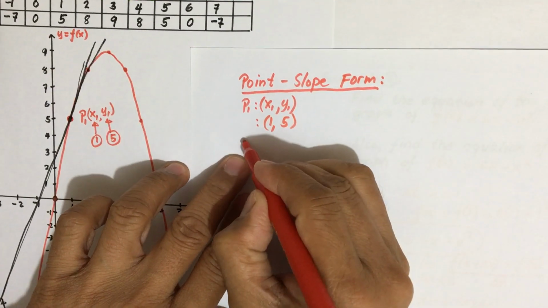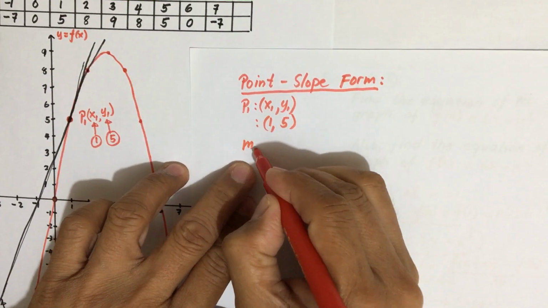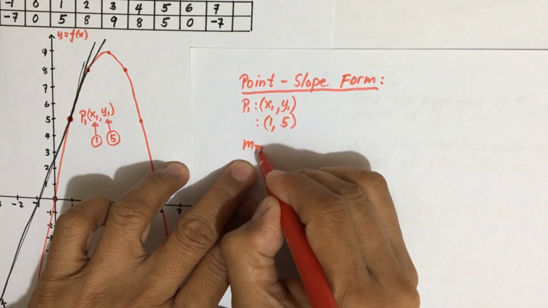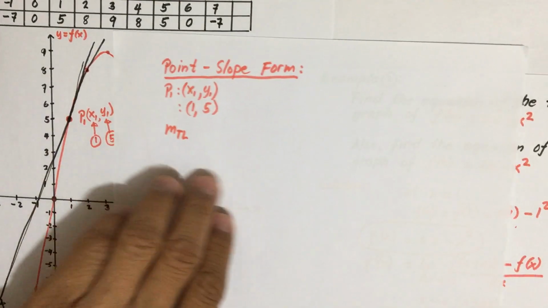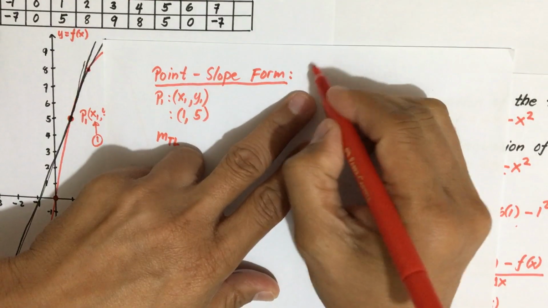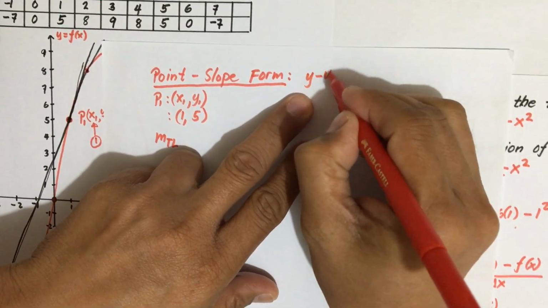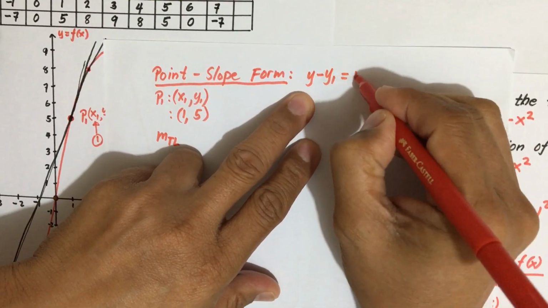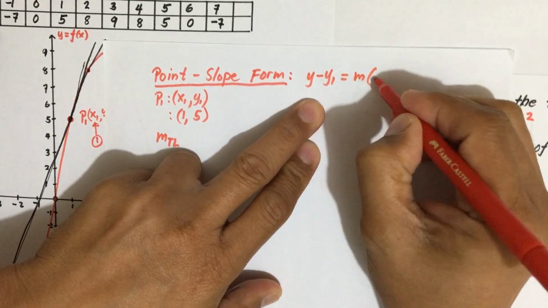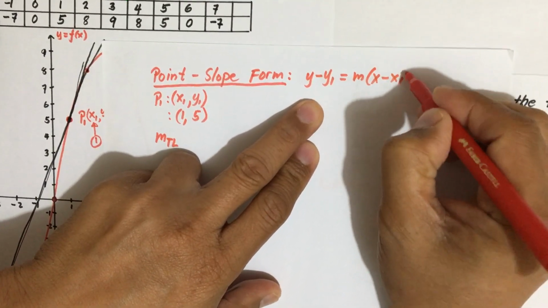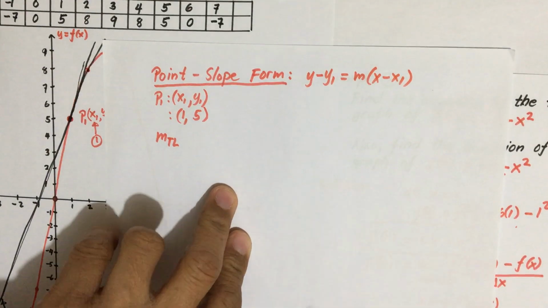Okay? And now we have calculated the slope of the tangent line. So what is the point-slope form? The point-slope form is y minus y1 equal to m times x minus x1. Okay?